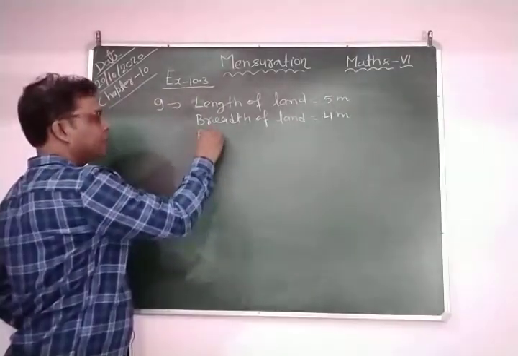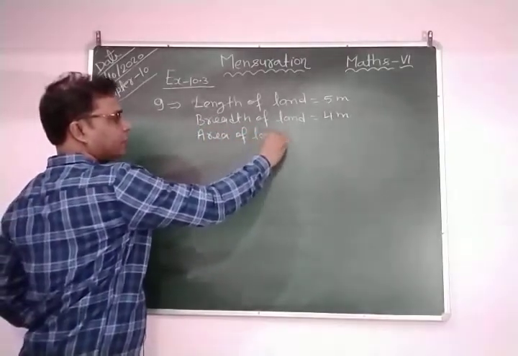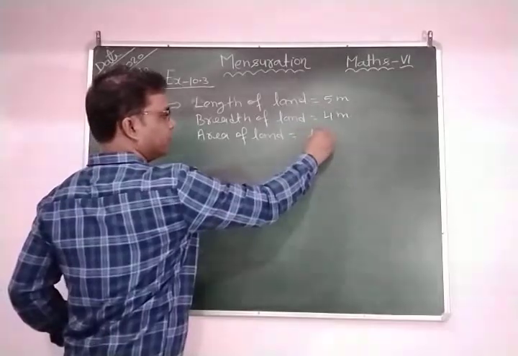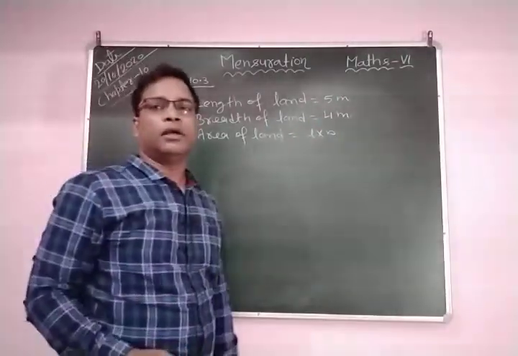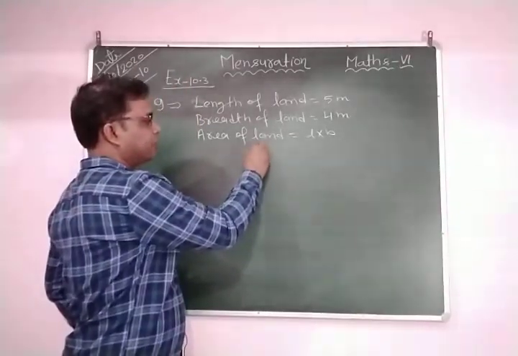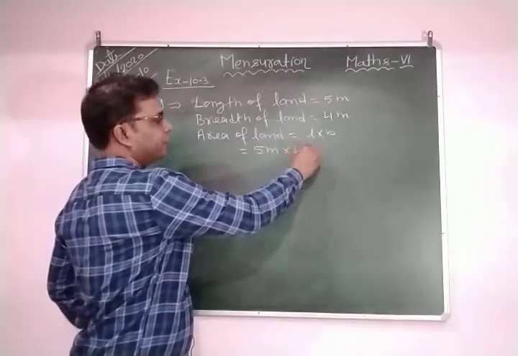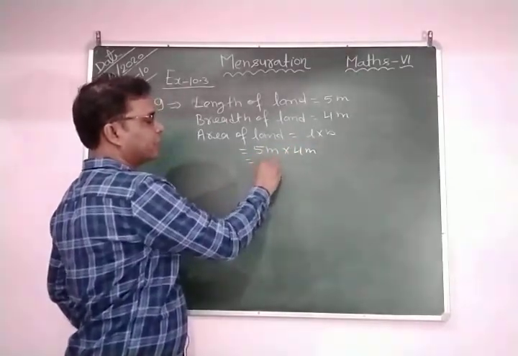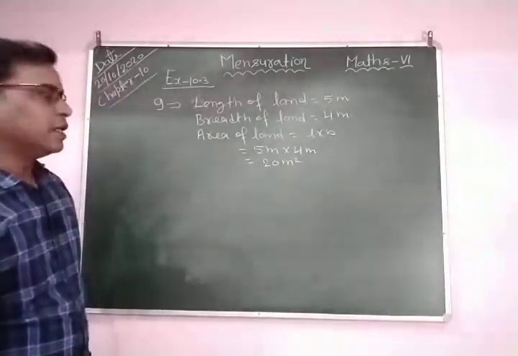What is the area of land? Area of land is equal to length into breadth. Here length is 5 meter and breadth is 4 meter. So you can write 5 meter into 4 meter, which is equal to 20 meter square. Is this clear?